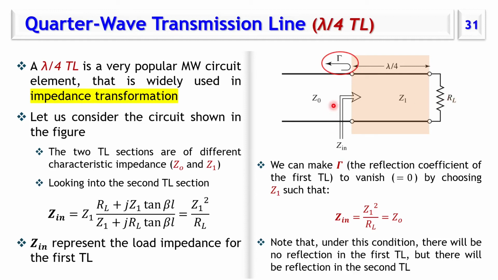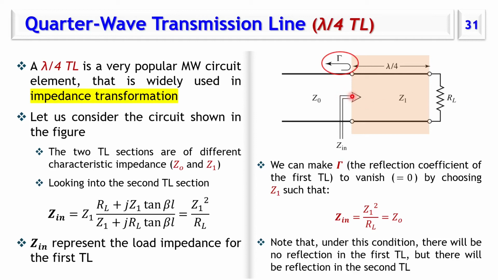Impedance matching means that for Z0 we want to have zero reflection coefficient. So Z0 is loaded by a section of Z1 that is loaded by RL. The load that we see on Z0 is the impedance we see here, which is the input impedance to transmission line 1.